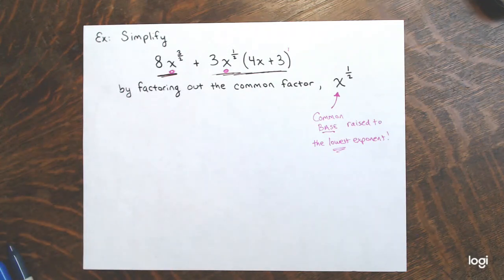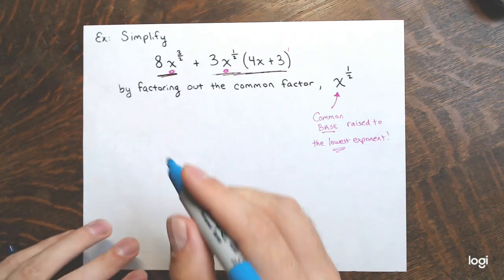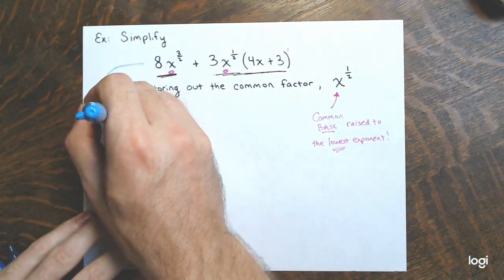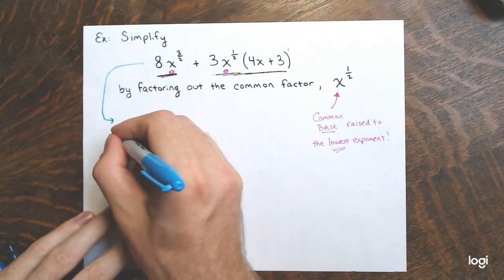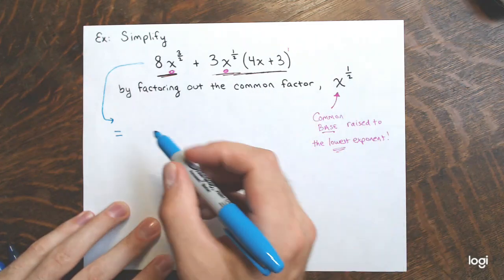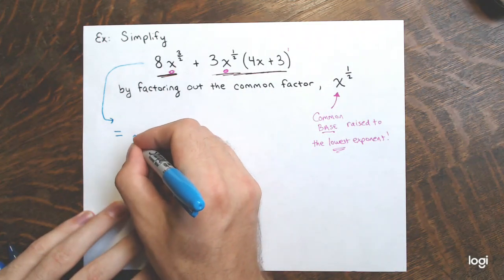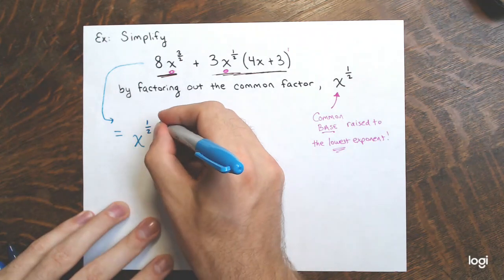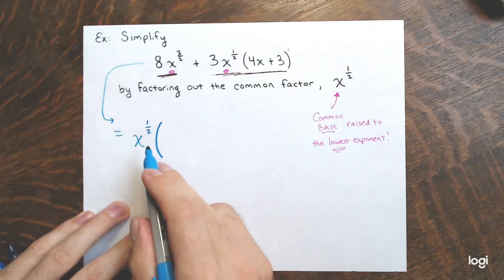All right, so let's see what happens when we do this. This expression I started with will be equal to, I'm factoring out the common factor, this x to the 1/2 power, right? So x to the 1/2 power comes outside, times, and no plus or minus here.